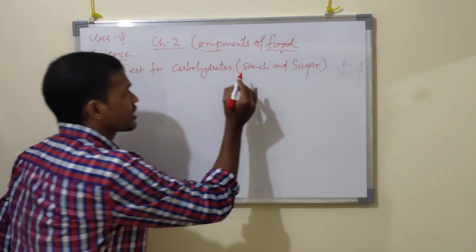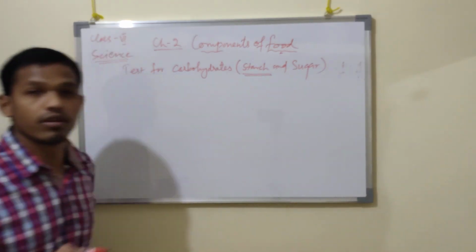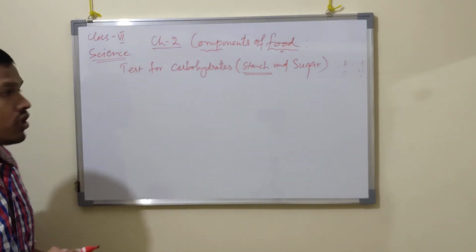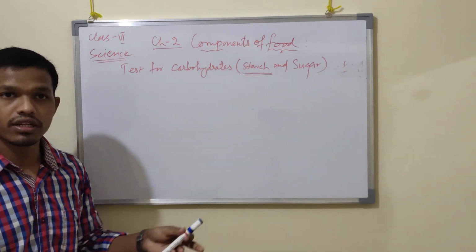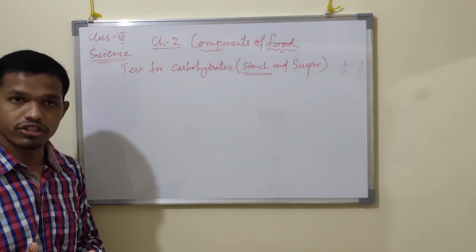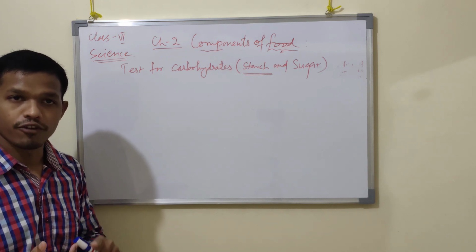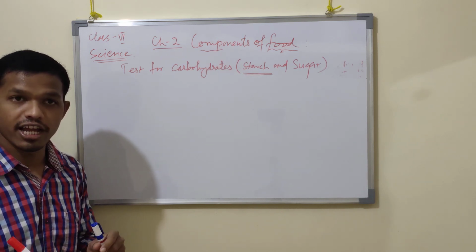First we will test for starch. For this we require dilute iodine solution, caustic soda, copper sulfate, a test tube and a dropper.